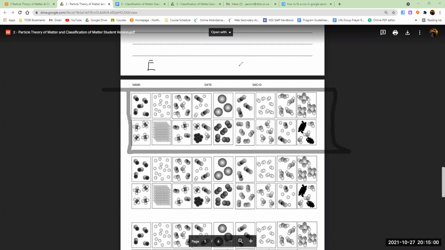You can pause the video and actually try that yourself. I'm going to write the answers straight off the bat. Let's start with red being elements. Elements, elements, and elements.